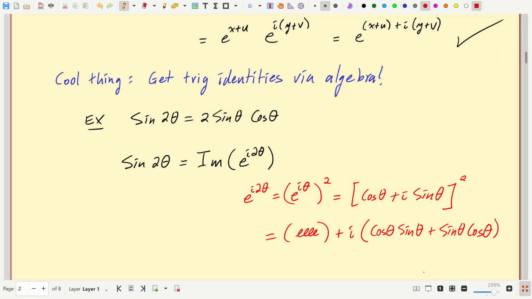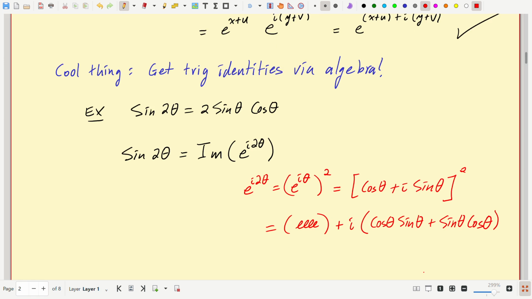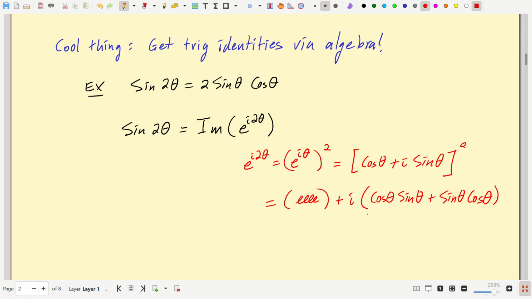And we see, aha, yes, that's the famous formula for the sine of 2 theta. Check.